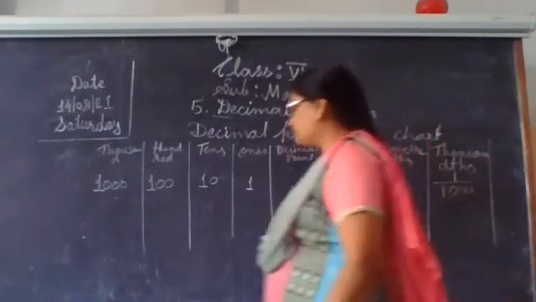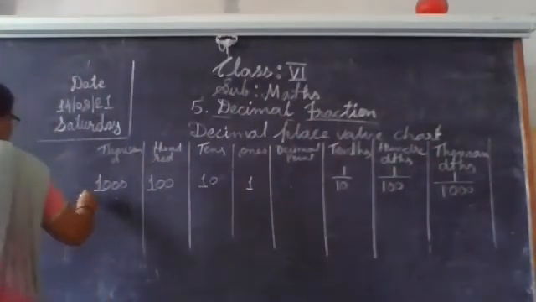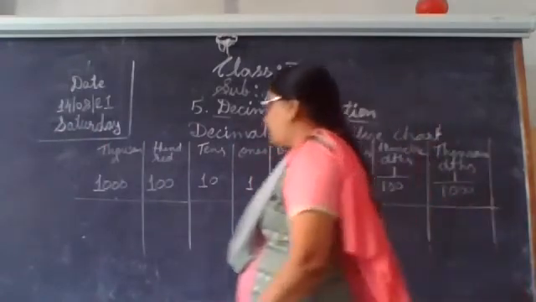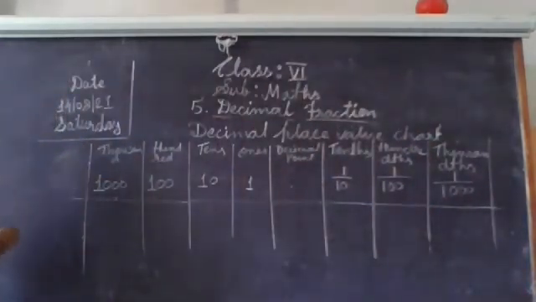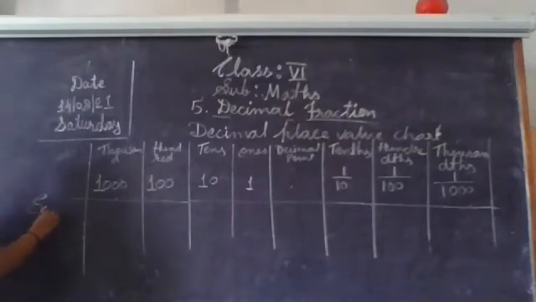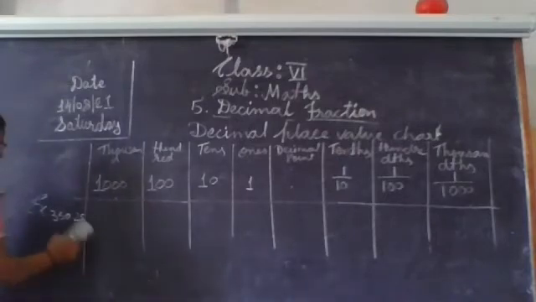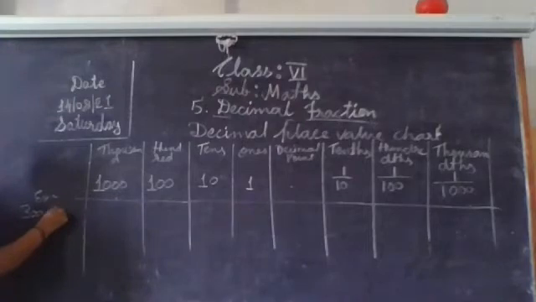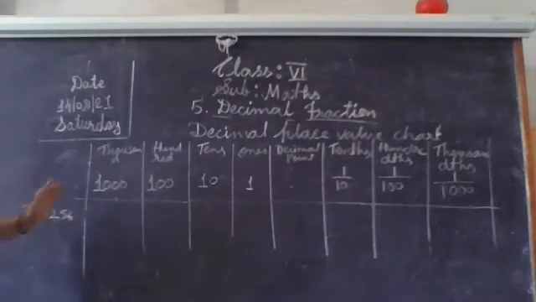Got it better? Now suppose, for example, 300.256, and you have to show this in the decimal place value chart.